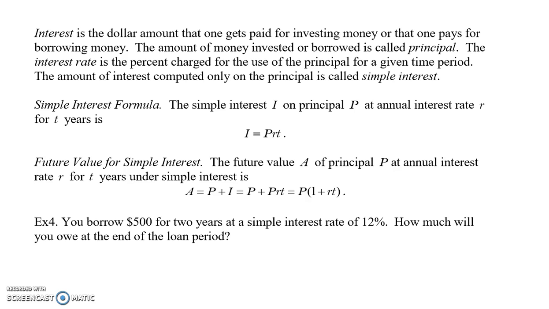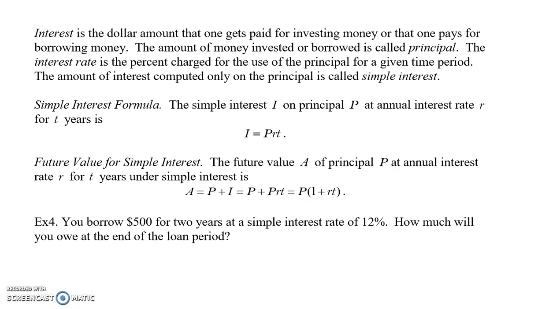There's a simple formula for simple interest. The simple interest formula is the following. The simple interest I on principal P at interest rate R for t years is I equals P times R times t. Interest is principal times rate times time. There's a related formula for what we call the future value for simple interest.